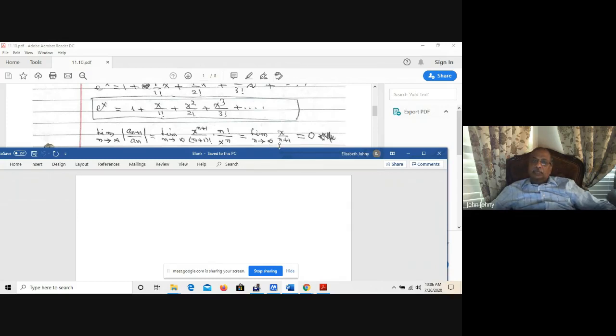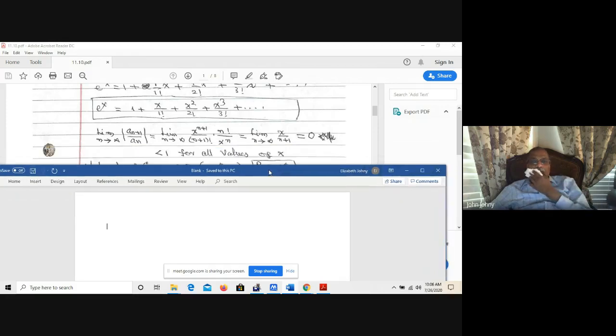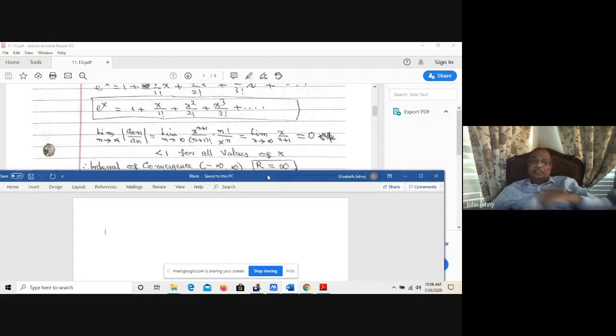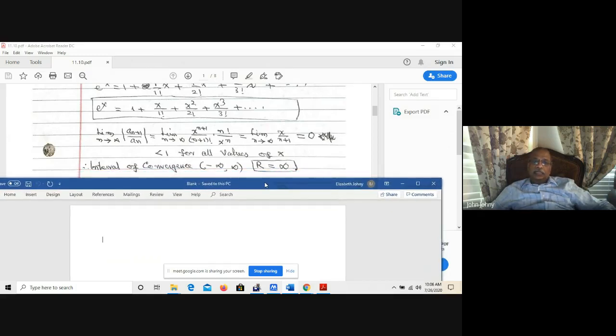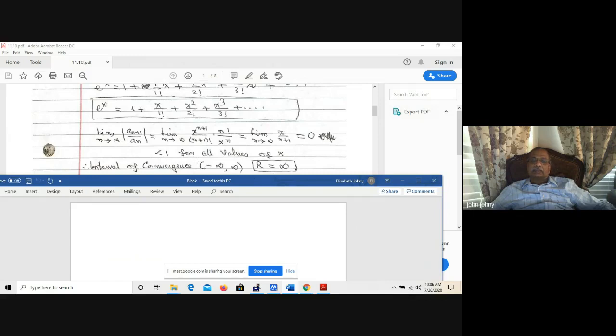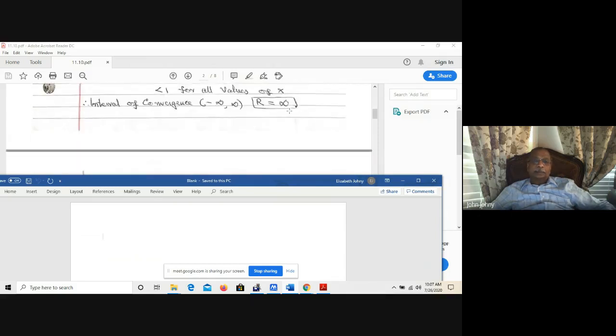As n is infinity, this is x over infinity, which is 0. And that is always less than 1. So this is less than 1 for all values of x. So the interval of convergence is negative infinity to infinity and the radius of convergence is infinity. That means this theorem is valid for all values of x.